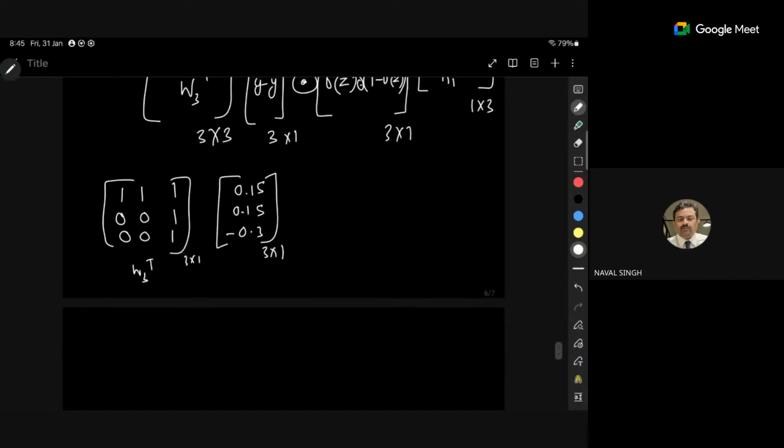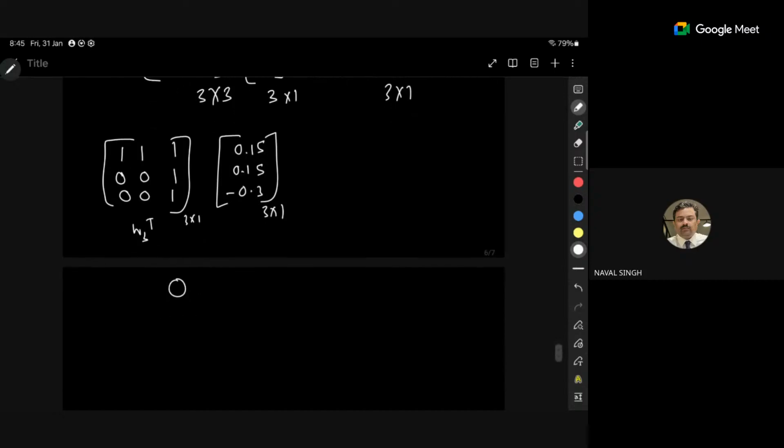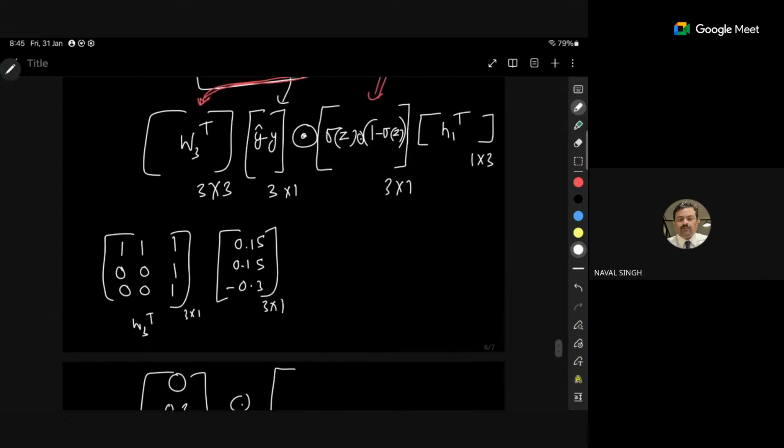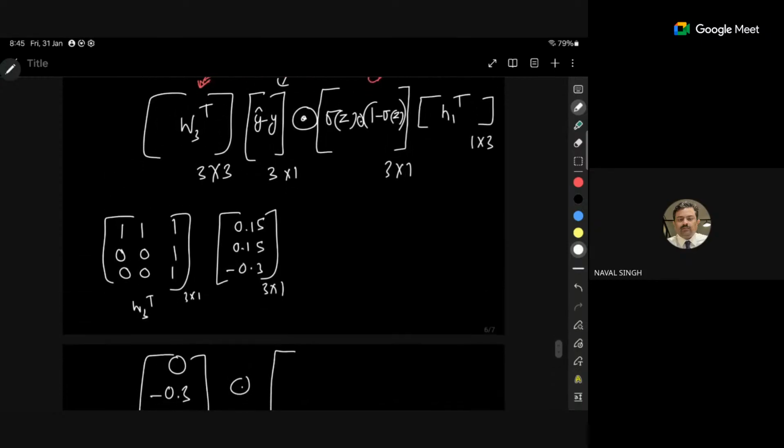We have this. Now if I do matrix multiplication, first will be 0, second will be minus 0.3, minus 0.3. Okay, so this is what I got. Now I will have to make element wise multiplication with h2 and 1 minus h2, right?